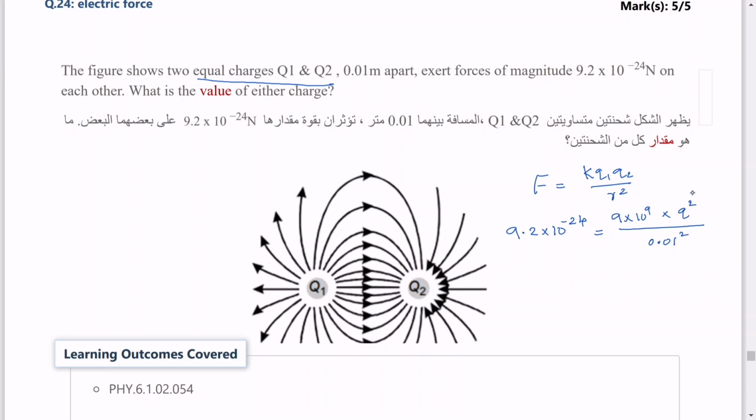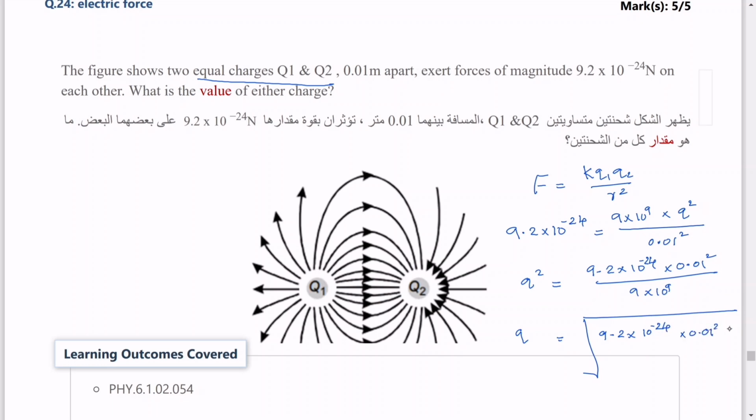We need to calculate this Q, so I will just rewrite this equation. Q squared is equal to 9.2 times 10 to the power negative 24 multiplied by 0.01 squared over 9 times 10 to the power 9. As we need to calculate the charge Q, we will take the square root of all this.